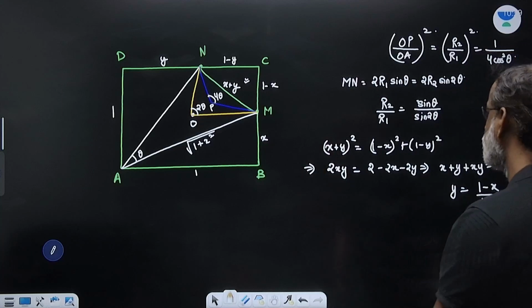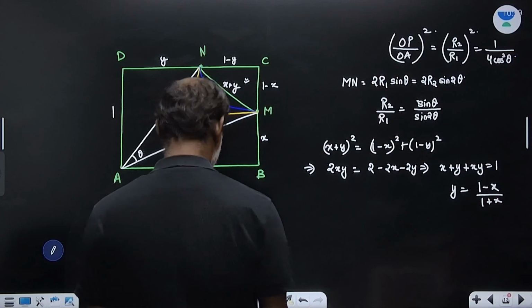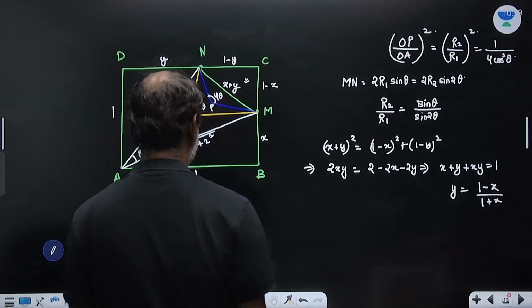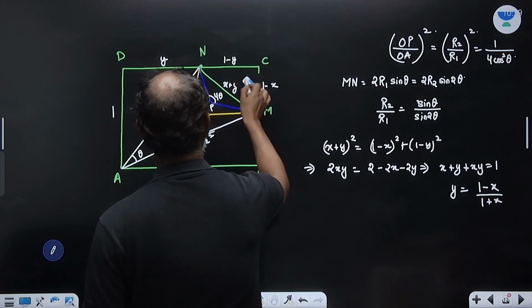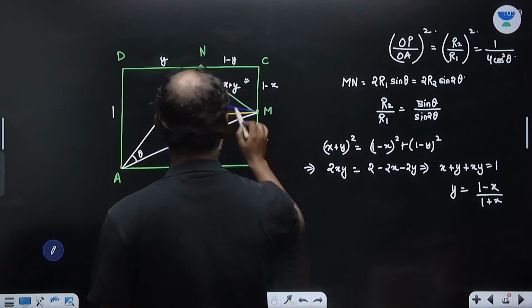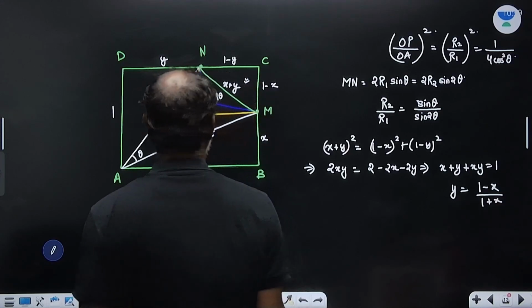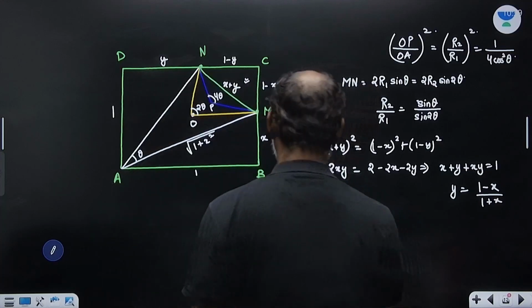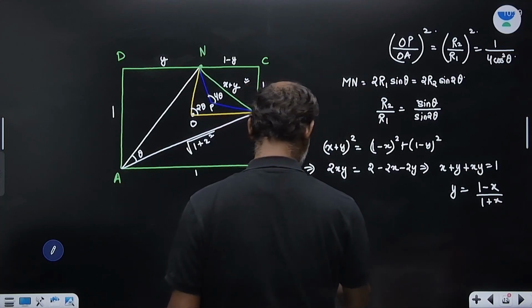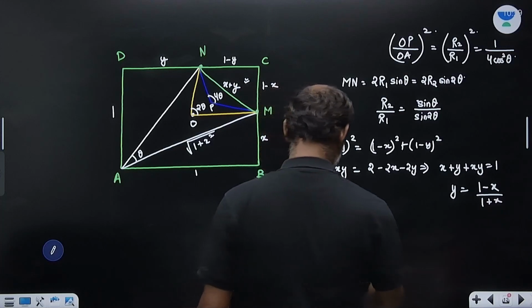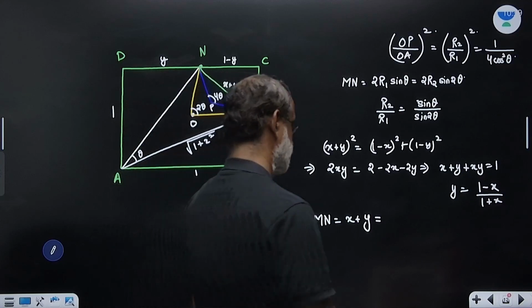So one thing is to go by brute force, that this is root 1 plus x square. Let us first go by a brute force method, okay. MN is x plus y.